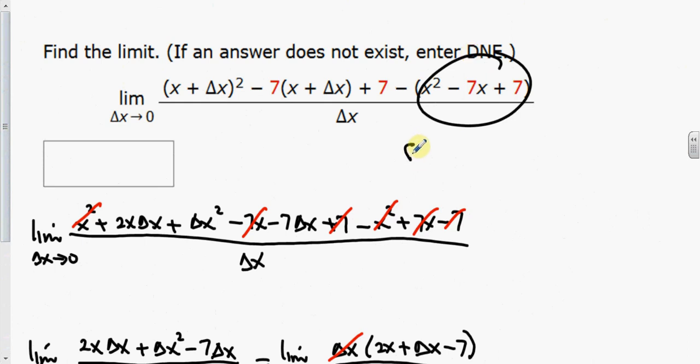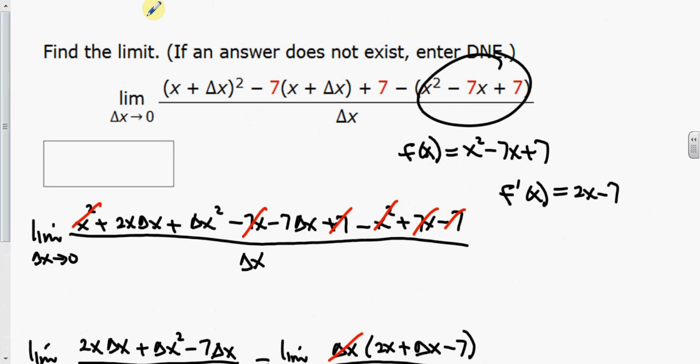So the function is f(x) = x squared − 7x + 7. Take the derivative, f prime of x, and that gives you 2x − 7. That's all you found, right? Well, whether or not we call it the derivative, that's what it is. Now, where does that come from? It comes from the definition of the derivative.